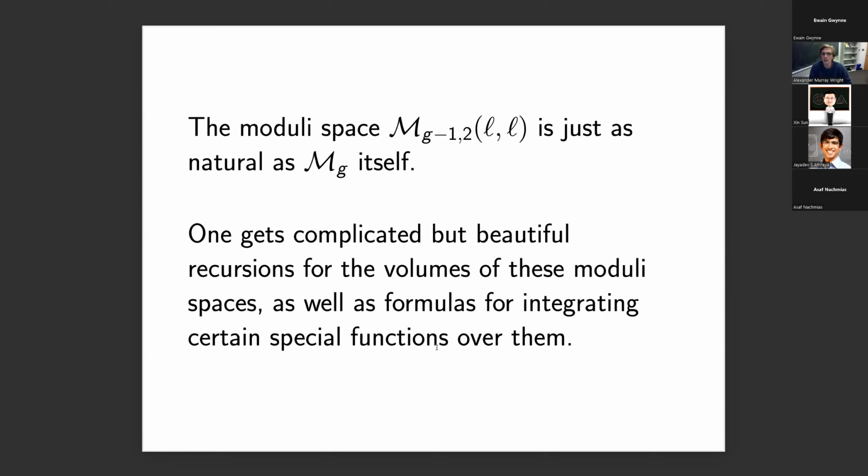So using this idea where you cut a simple geodesic, one that doesn't intersect itself, you get complicated but beautiful recursions for the volume of the moduli spaces, which Mirzakhani used to give a new proof of Witten's conjecture, and you could get formulas for integrating certain special functions over the moduli spaces. And again, I just want to emphasize, when I say integrating a function over a moduli space, you may be happier translating that to averaging a function over the space of all three regular graphs over the finite set.